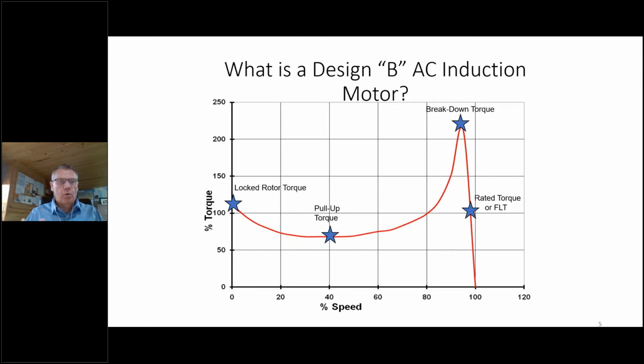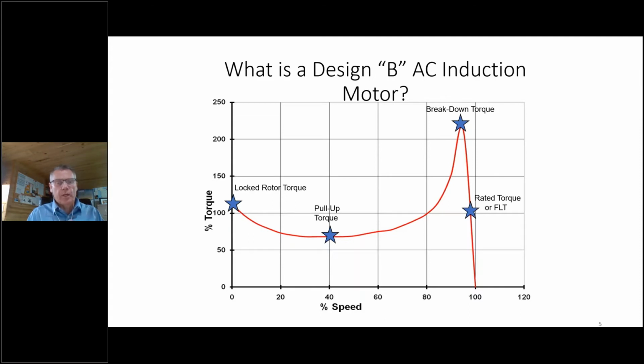If the load or the application requires more than that torque, you can run into a stall condition. If you have a very heavily loaded conveyor or something that's not sized correctly, an application issue, and the motor can't generate that torque, it may start to move and then stall, and typically trip out on an overcurrent, or some other device will trip it out.